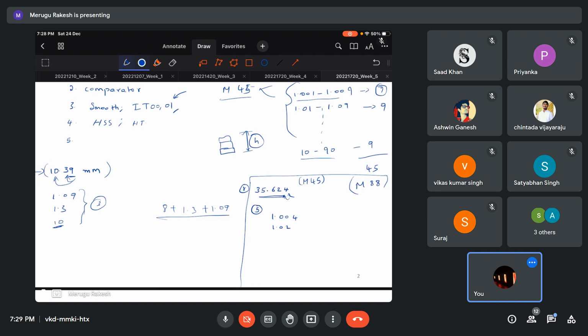Then 1.6. Then this 35 is there. If you can calculate, how much are you getting from these three values? 3.625.